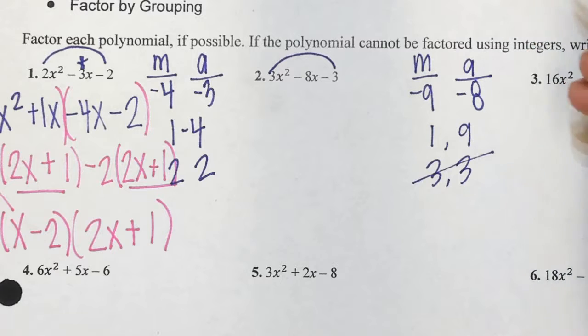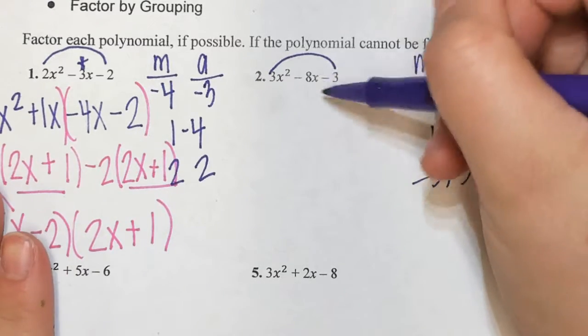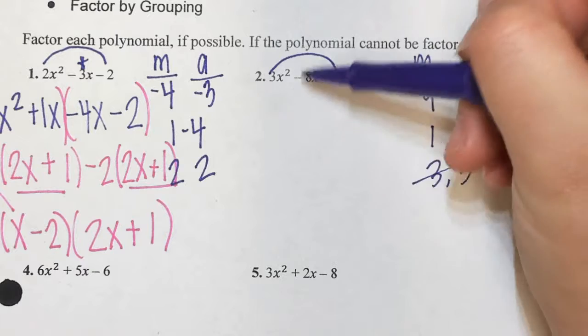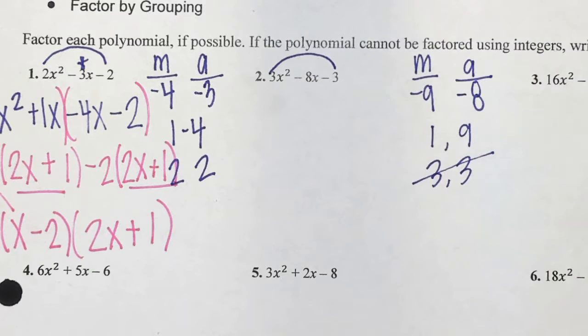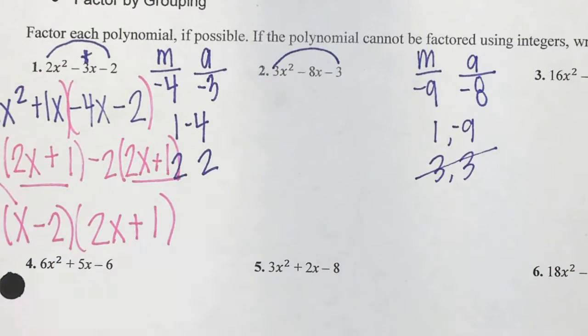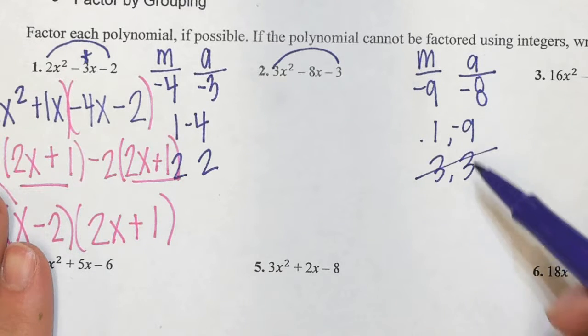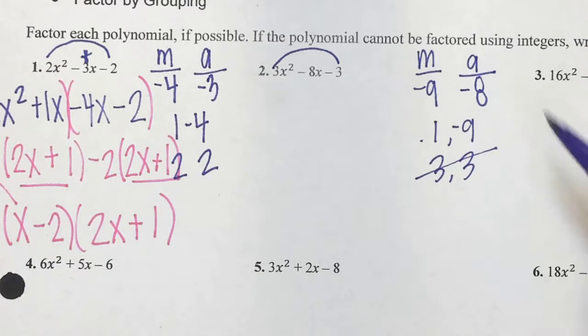No, but 1 minus 9 is. This works the same way as the train. Remember the train, people? The back number tells you that they're opposite. The front number tells you that the biggest one is negative, so 9's your negative number, because 1 times -9 is -9, and 1 minus 9 is -8.